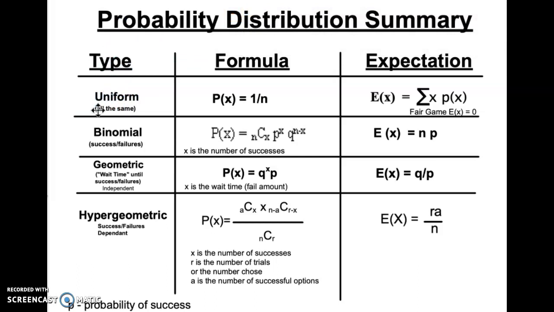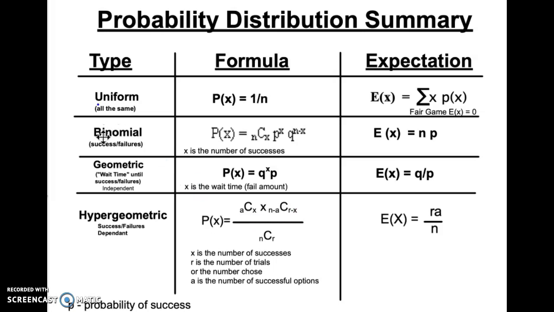We learned uniform, which is where the probabilities are all the same. That's how you know you have it. There was no special expected value formula, so we just wrote the general one out. And the probability was always 1 over n, where n was the number of outcomes. Because remember, the probability is always evenly divided.